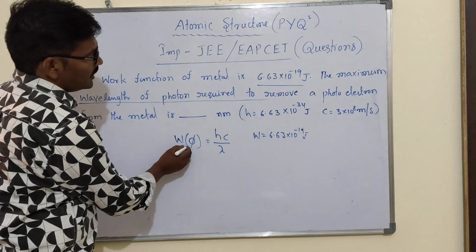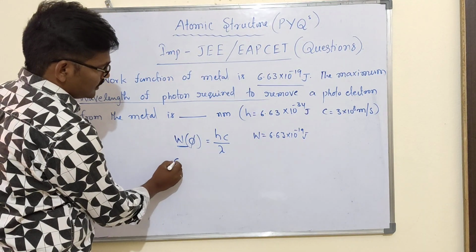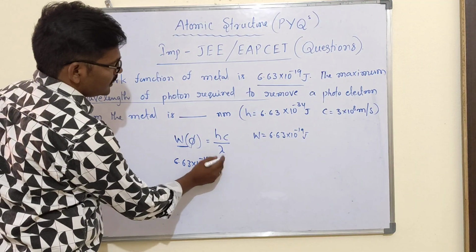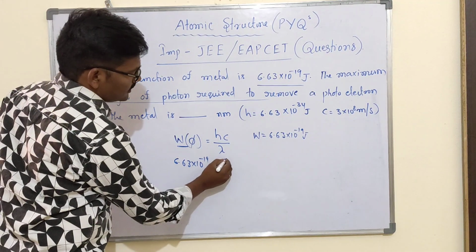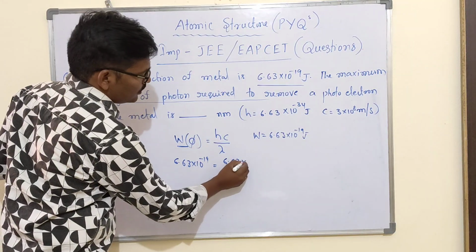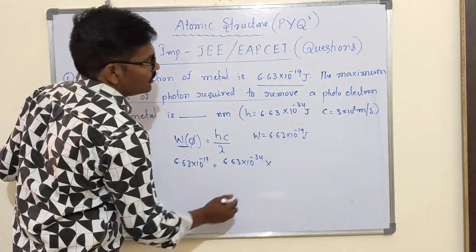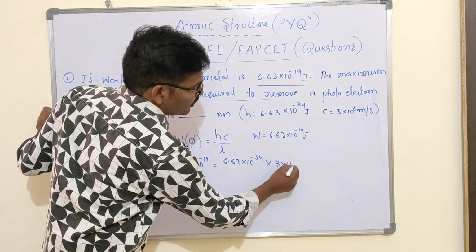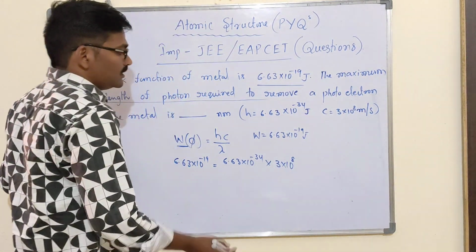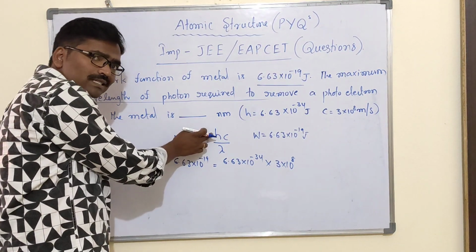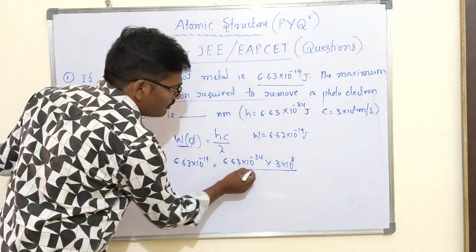So 6.63 into 10 to the power of minus 19 equals h value 6.63 into 10 to the power of minus 34 into c value 3 into 10 to the power of 8. c is the velocity of light, h is Planck's constant, divided by lambda.